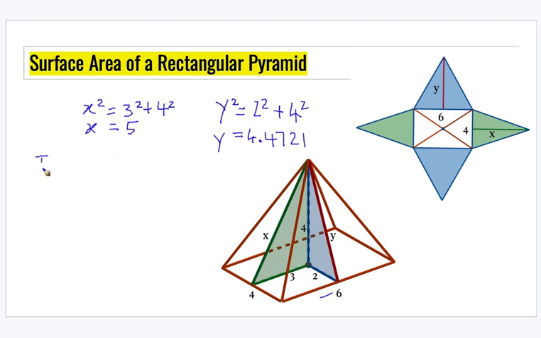Alright, so now we want the total surface area, which is actually two triangles of half base times height, another two of half base times height, and plus the base, which is 24, 4 times 6.